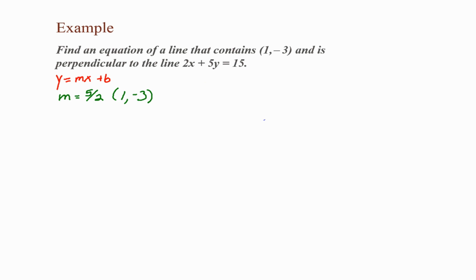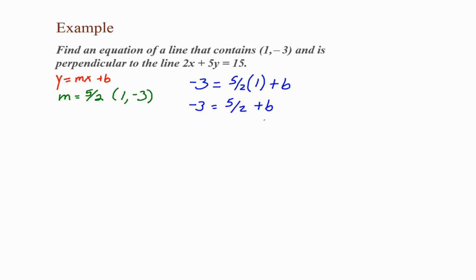We'll use y equals mx plus b. So my y is -3, and that's going to equal my slope, 5/2, times my x-coordinate, which is 1, plus b. So -3 equals 5/2 plus b.